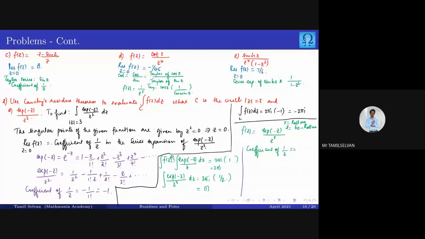When Abhinaya was seeking the answer, she got 2 pi i and the residue value was 1. For Agalya, I have done it. For Akash, he got 1 upon 2, which is the third term in the expansion. Abhinaya got the first term in the expansion and Agalya got the second term. In general, we should look for which term in the expansion.